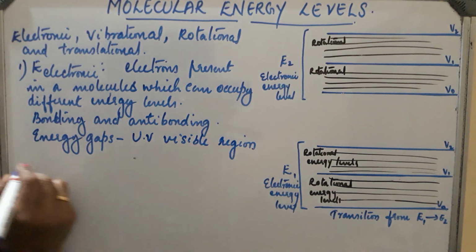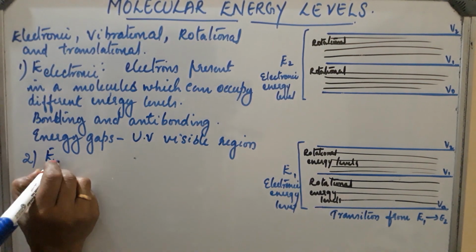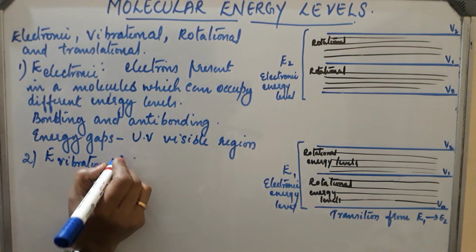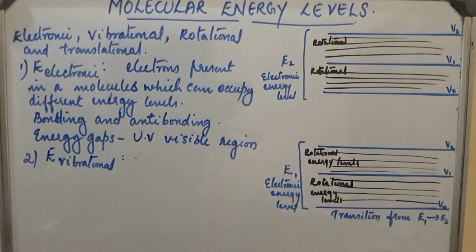Now, the second one is vibrational energy level. What is vibrational energy level? In this case, the atoms in a molecule can vibrate by keeping the position of the center of mass constant.